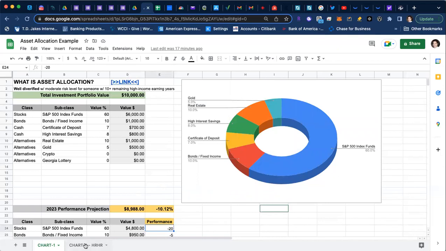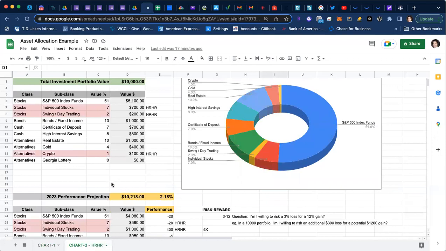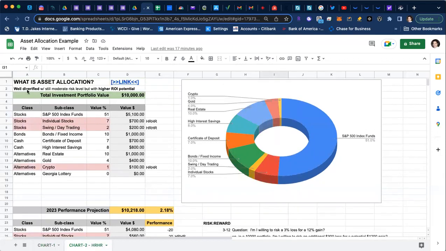Now, the next example that I want to show is where I have the same portfolio. So I think it's still well diversified. I believe that this portfolio, in my opinion, is still a moderate risk level portfolio. But the difference is, I think that what I have added is some high risk, high reward investments.